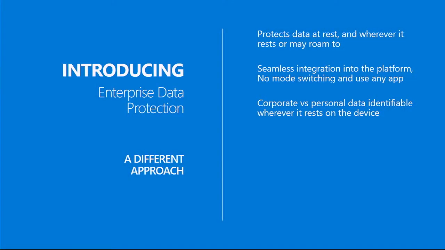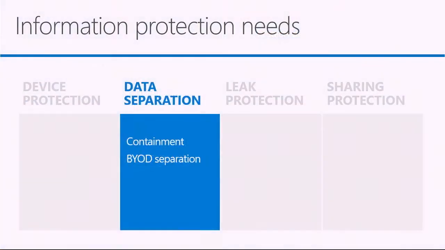And then with this data protection technology, we also link in and work with the Azure Rights Management Service, so we can extend this data protection for data that leaves the device, such as when an email attachment is sent from an enterprise-aware version of one of these apps.